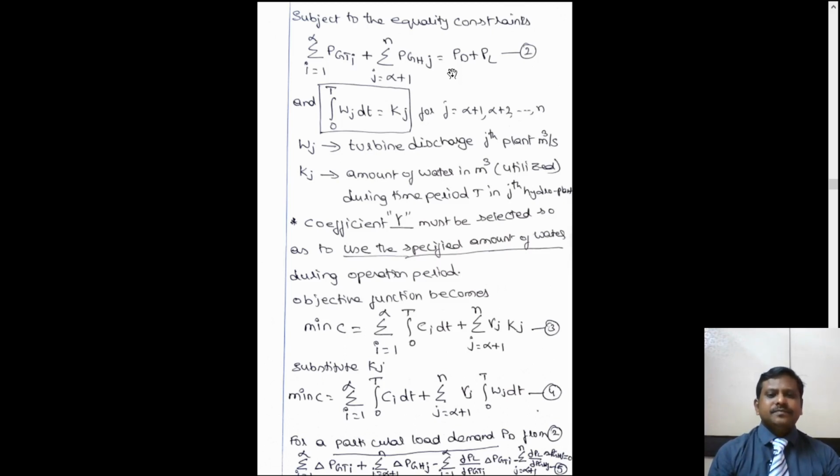Here Wj is the water outflow from the turbine, or turbine discharge. So the integral from 0 to t of Wj dt is equal to Kj. Both will be the same because the water utilized for the power generation will be equal to the water discharged, during the particular period of time, which we consider as 0 to t.